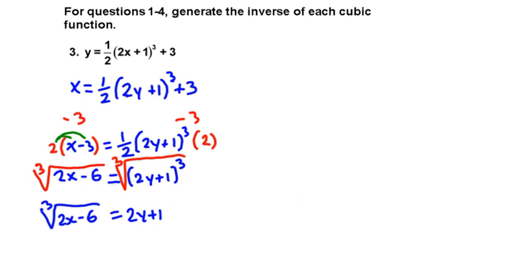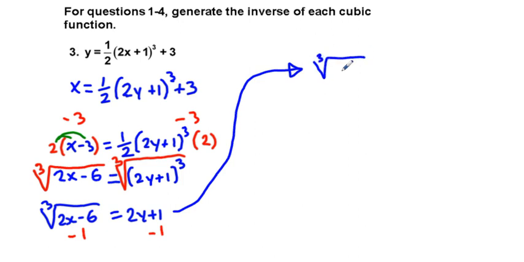And then the next step is subtracting 1 from both sides of the equation. I'm going to bring this up here, up to the right, and we have the cube root of 2x minus 6, and then we subtract 1 also, is equal to just 2y, because the 1 minus 1 cancel out each other.